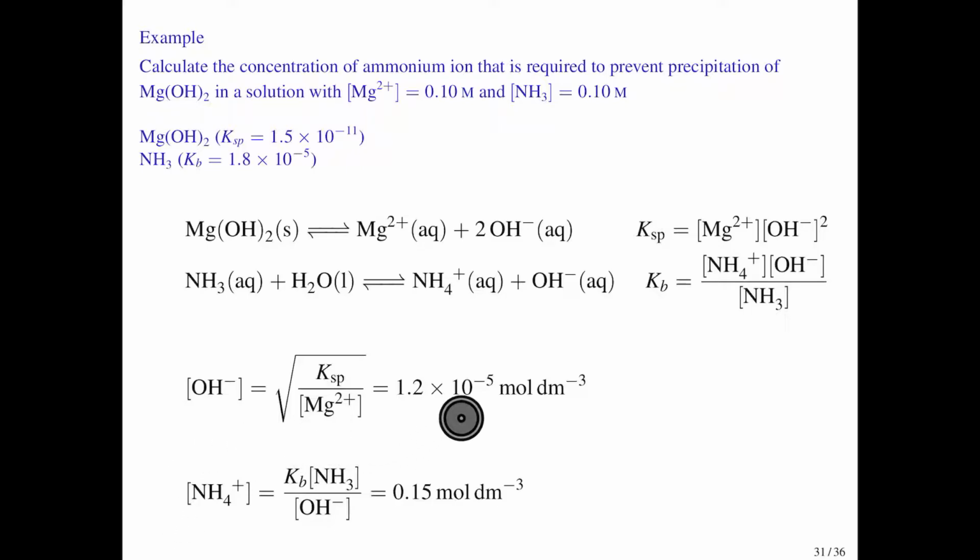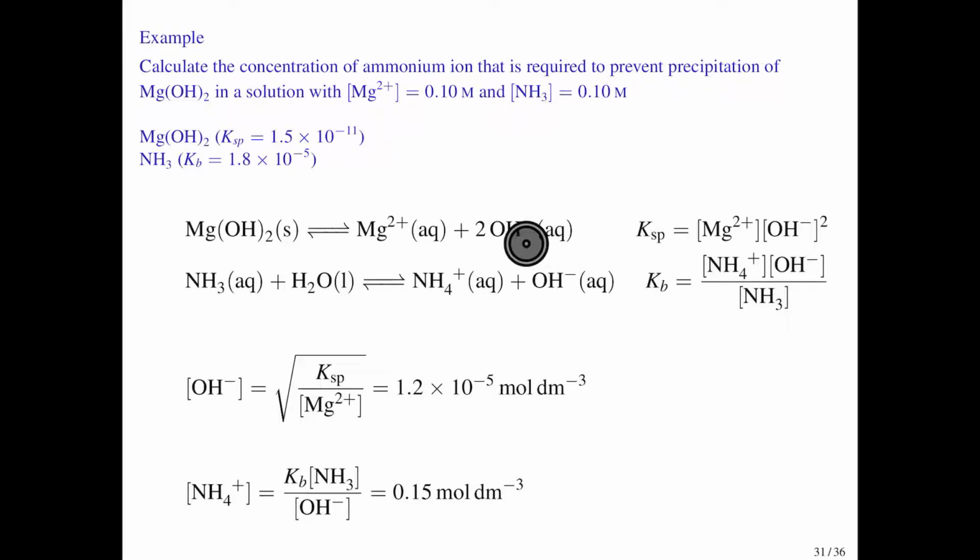We substitute in the hydroxide concentration from here, substitute in the ammonia concentration in Kb, and we find this value of 0.15 for the concentration of ammonium. I may have got the minimum and maximum labels mixed around. In any case, this is the maximum value of hydroxide that you can have.